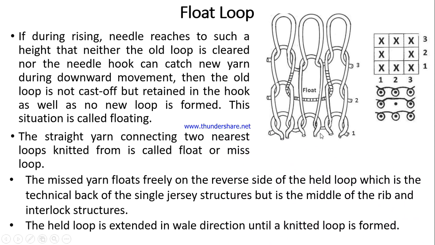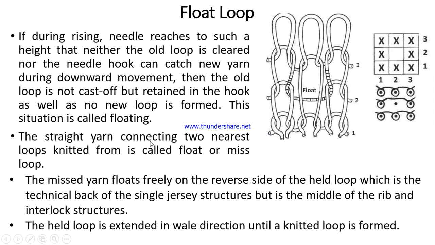The structure is again shown here. It is called the line diagram, and you can also see the symbolic notation on the graph paper, where there will be the float, there will be a blank, otherwise a knit can be represented as a cross. And this is the schematic representation, where you can see in case of a float there is no roundabout, only the straight line of floating of this yarn is shown here.